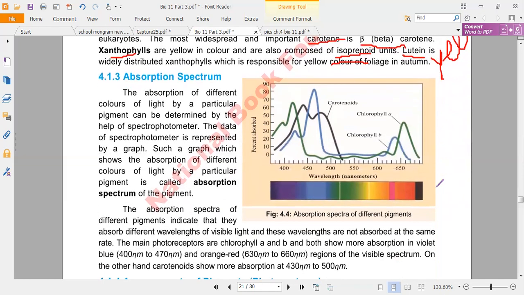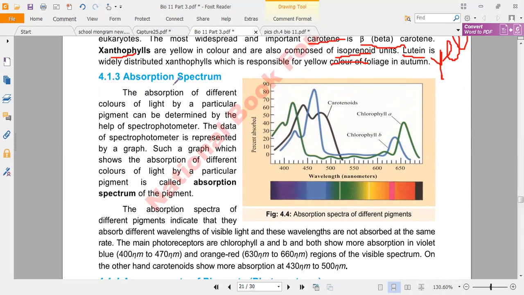So let's talk about the absorption spectrum. In the action spectrum that we have seen, different wavelengths are absorbed by different pigments, according to their effectiveness.